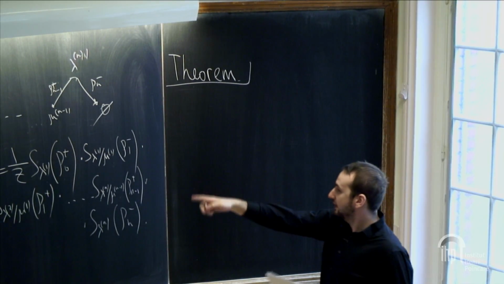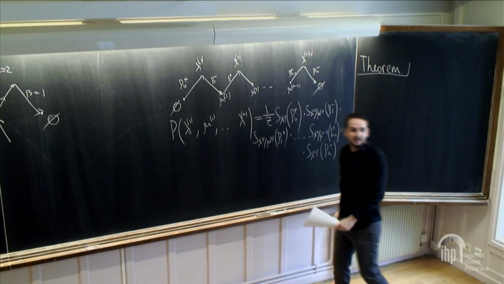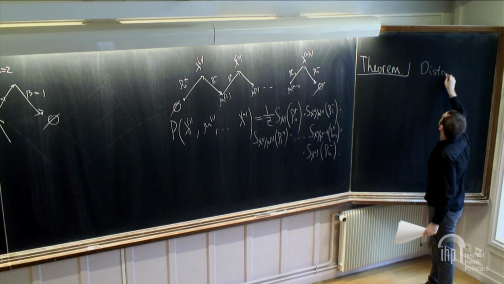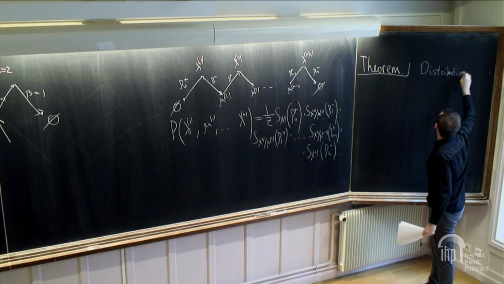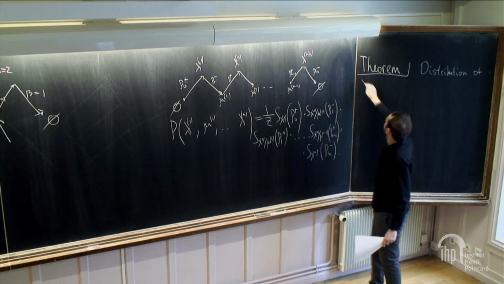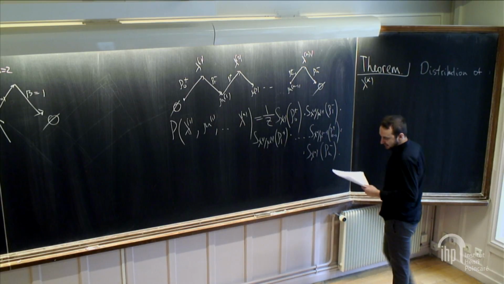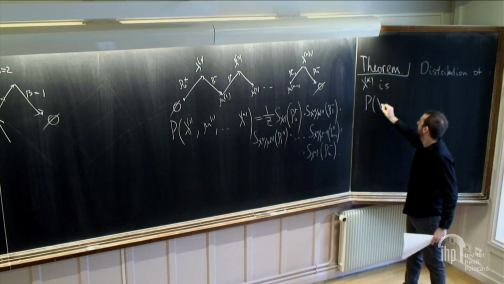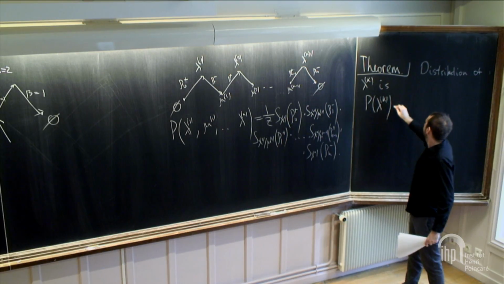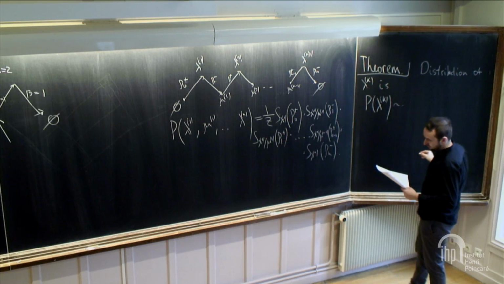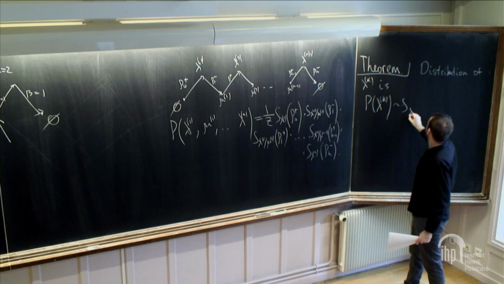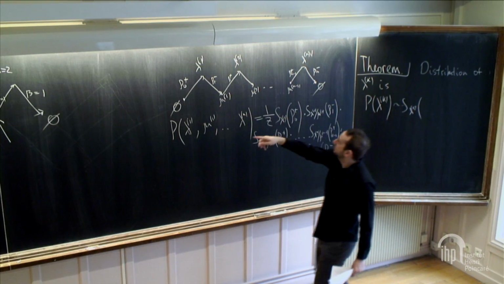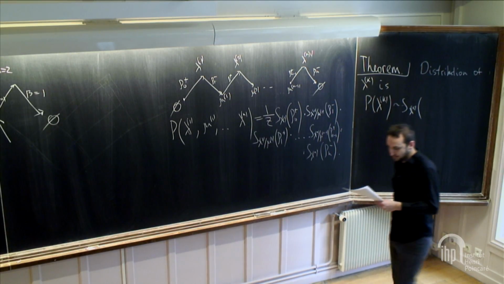That if you look at this joint distribution of all the guys, then the distribution of one lambda, so distribution of lambda k, is given by the following formula: the probability of lambda k is proportional to the Schur function evaluated at all the guys which are going up and which are on the left from lambda.